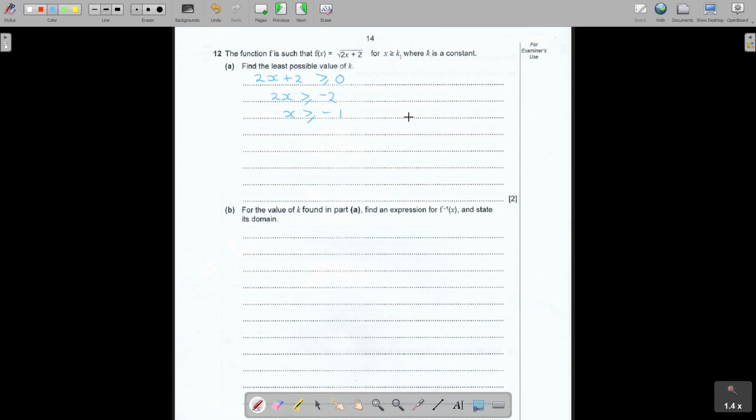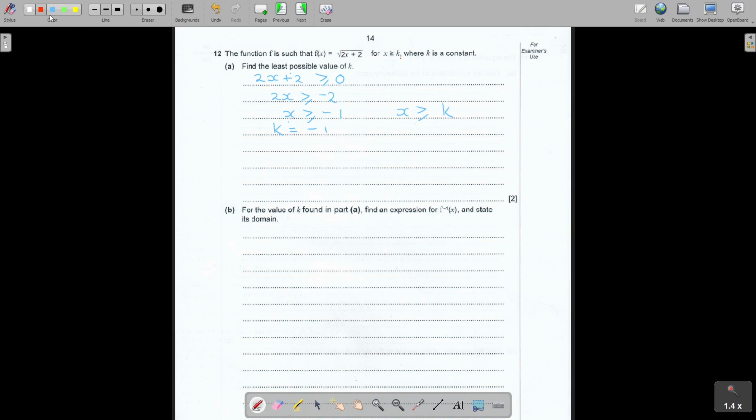Now just compare it. You have there x is bigger than or equal to k. So basically, you can equate it and say, okay, so k is equal to -1. So find the least possible, because it must be bigger, but the least possible k is -1. Okay, and that's how you do it, very easy.